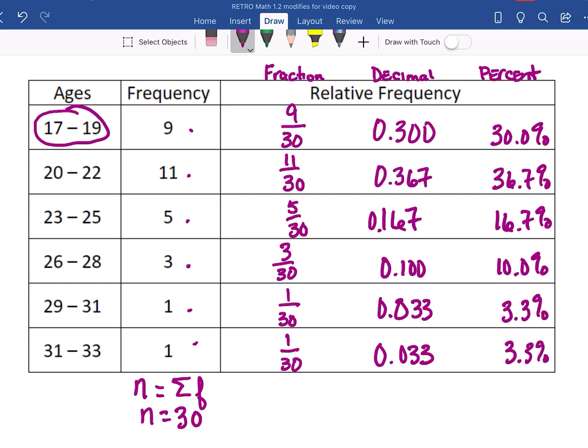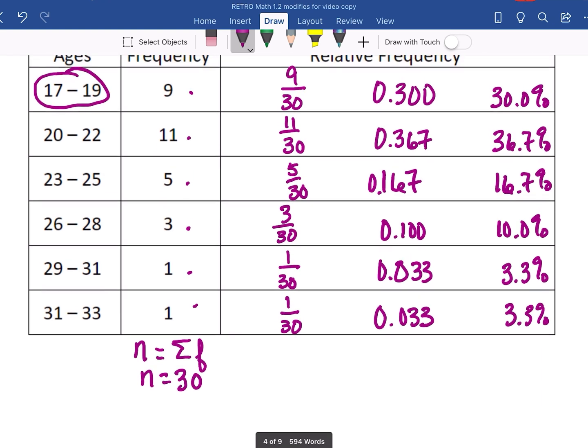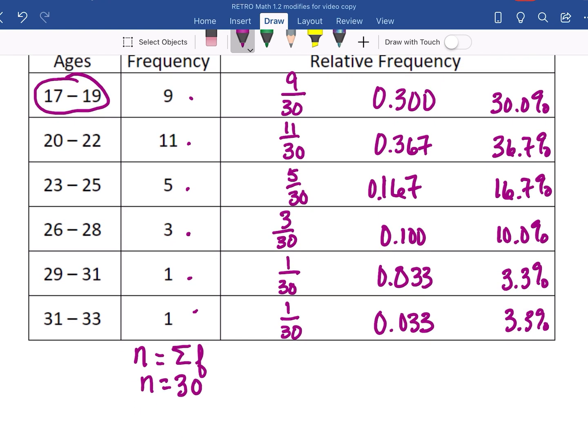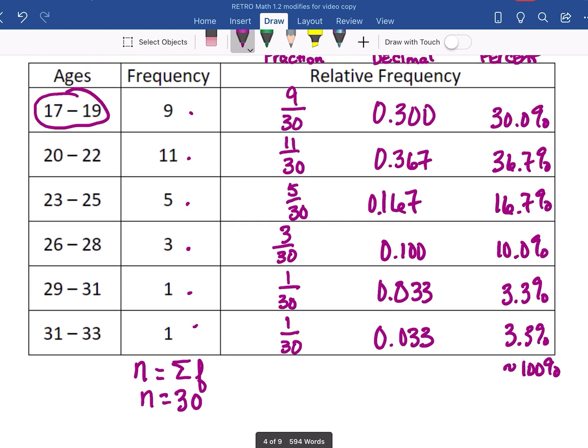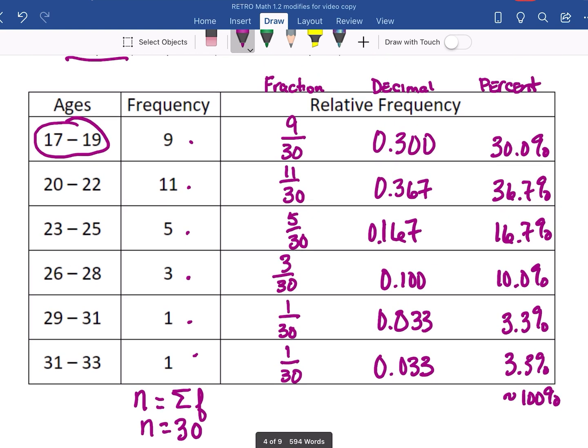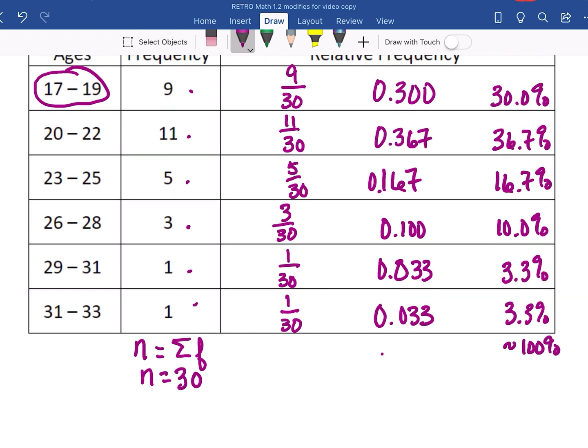Now, a great way to check your work when you're finished is to add up all your percents, and all your percents should be approximately 100%. So add them all up and make sure that you did your work right. All your decimals should be approximately 1.0 when you add them up.